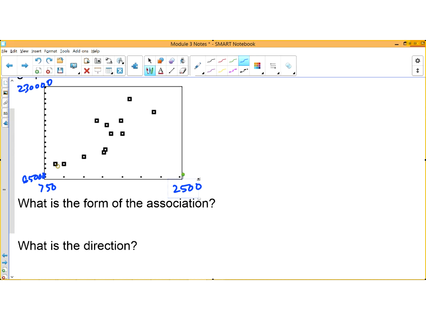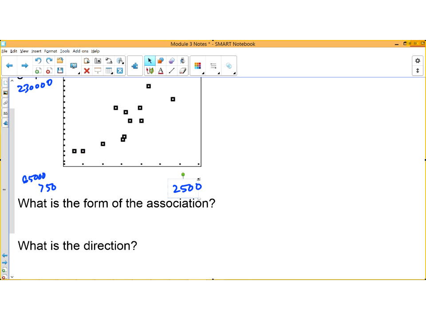There's lots of types of graphs, and in college algebra you learn a lot about those, but that's not a prerequisite for this course. So your thought is it could either be linear, where a line models it pretty well, or maybe curved.